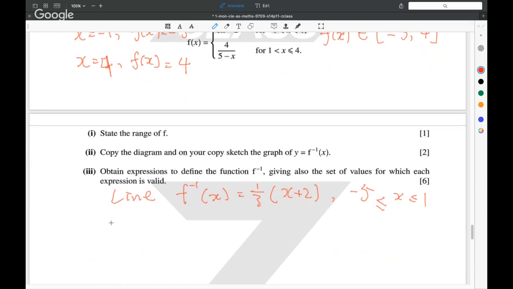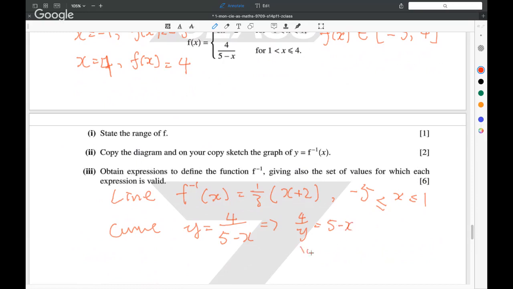And for the curve, we can set y equals 4/x minus 5... so that would lead to 4/y is equal to 5 minus x.